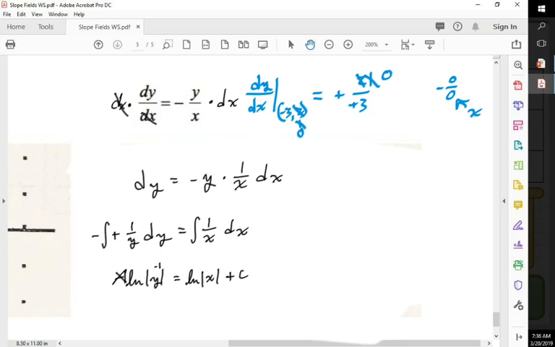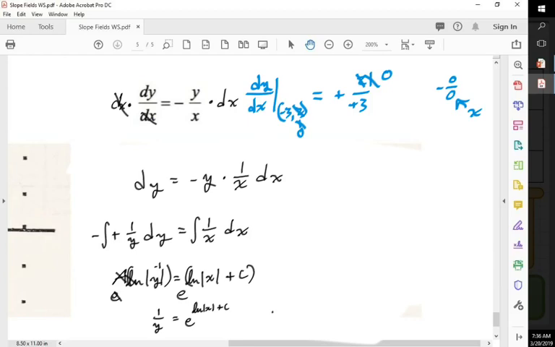And then to get the y out of the natural log, I'm going to raise each side to the base of e. Now you're raising the whole side to the base of e, so the whole side becomes an exponent. And so we have the e and the natural log canceling out, and you're left with y to the negative 1, which I'm going to write as 1 over y. On the other side, we have e to the natural log of the absolute value of x plus c.